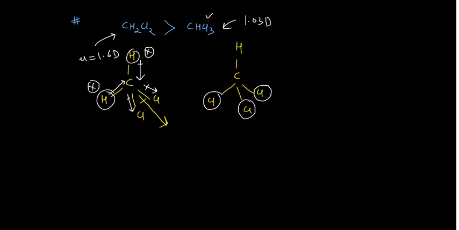okay, while in case of this particular bond, say this will come down in that direction, and this will go in that direction, this will go in that direction, this will go in that direction. Okay, so in that case you see these 3 actually will try to cancel each other, but they will not cancel completely the bond dipole moment of each other, and this carbon hydrogen bond is also contributing.